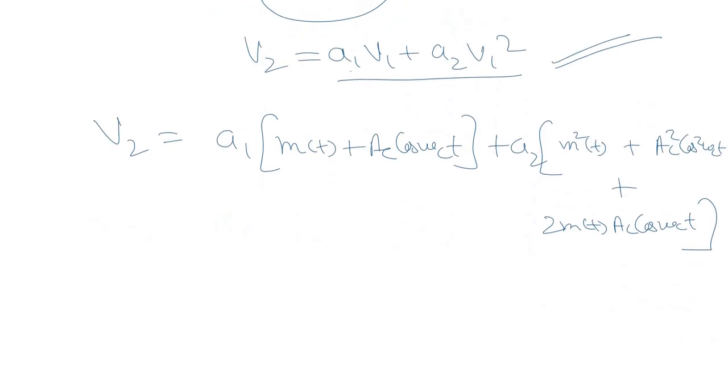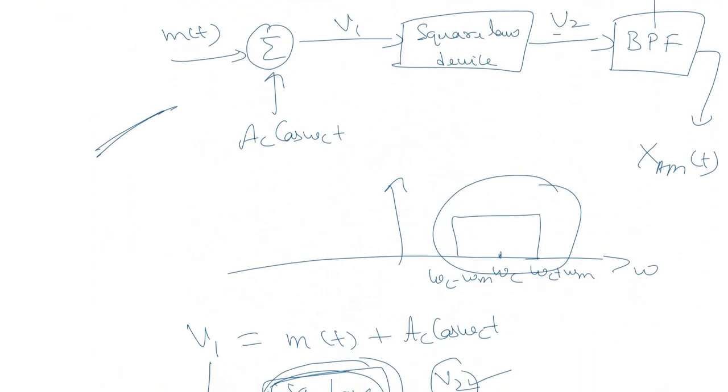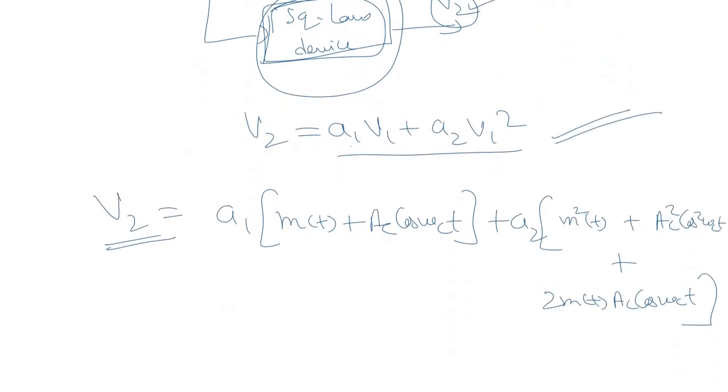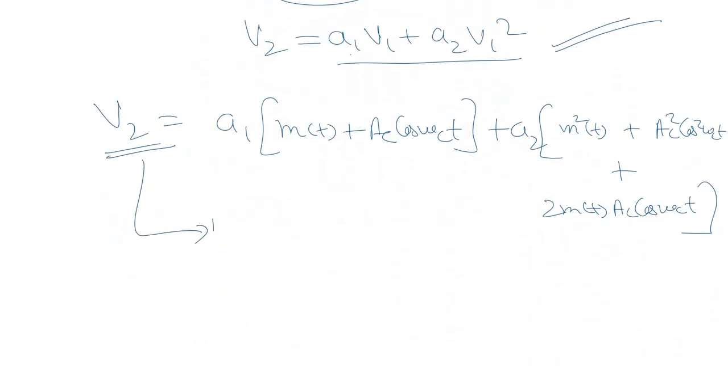So this is your V2, correct? Now we pass this V2 signal through a band pass filter with such a characteristic, right? The pass band lies in the range omega C minus omega M to omega C plus omega M. Okay, we design the filter such that this is the pass band of that filter and we pass V2 through this. So this V2 signal is given as input to the band pass filter.